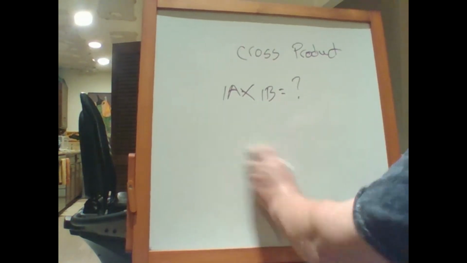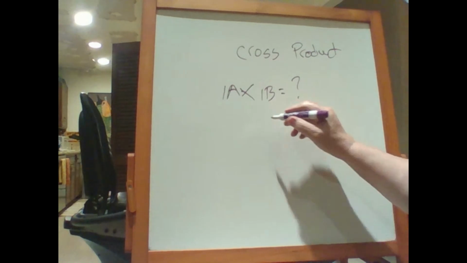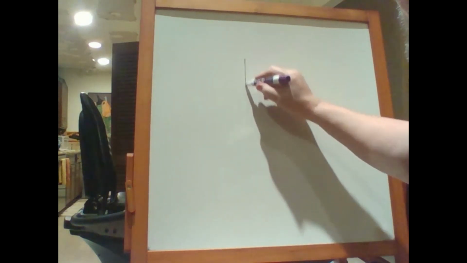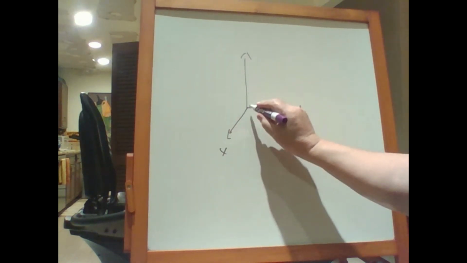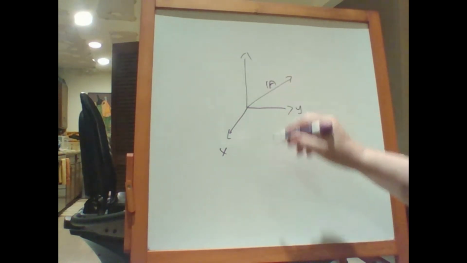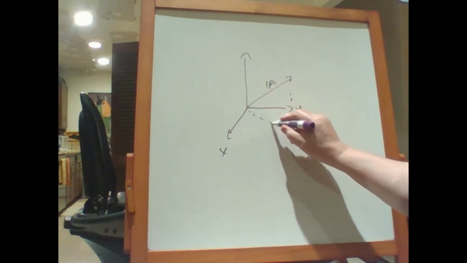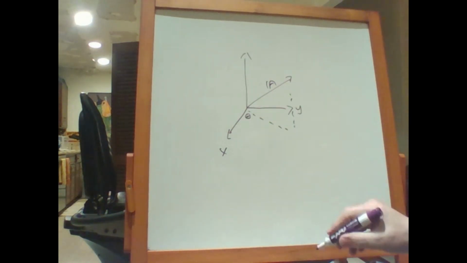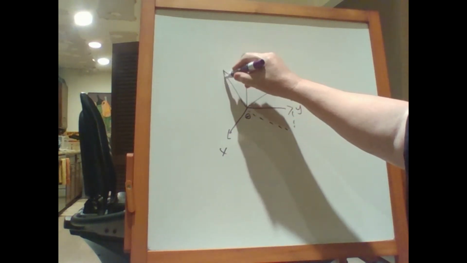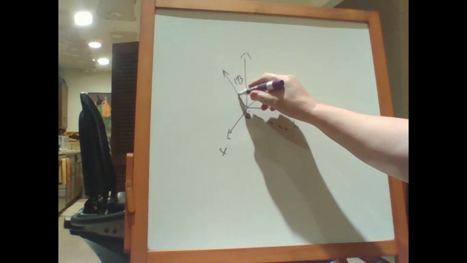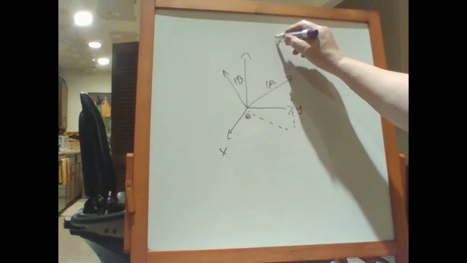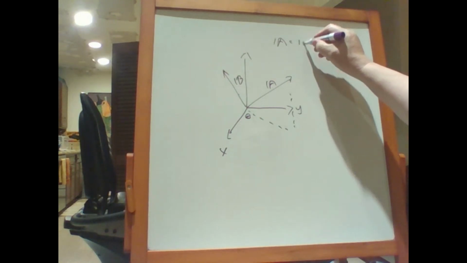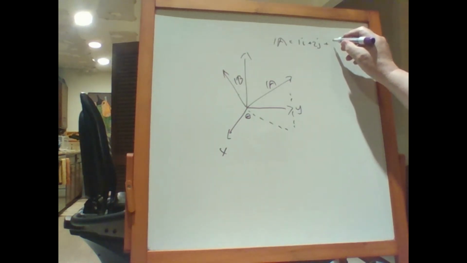So if we had x, y, z, and we had A, and B, and some angle theta between them, and A is given by 1I plus 2J plus 3K.